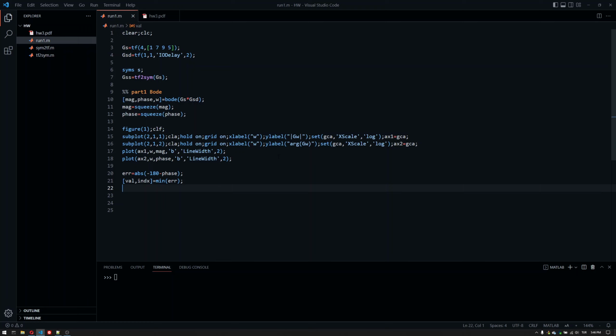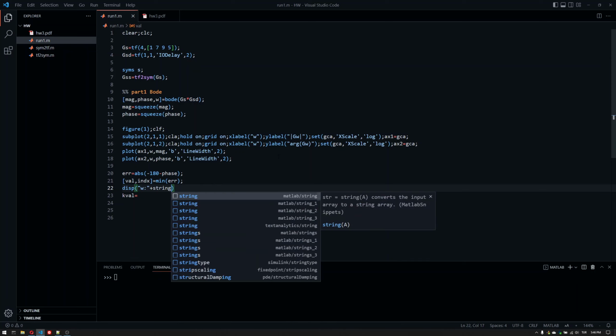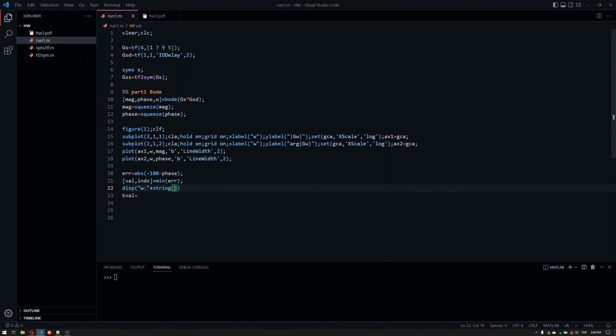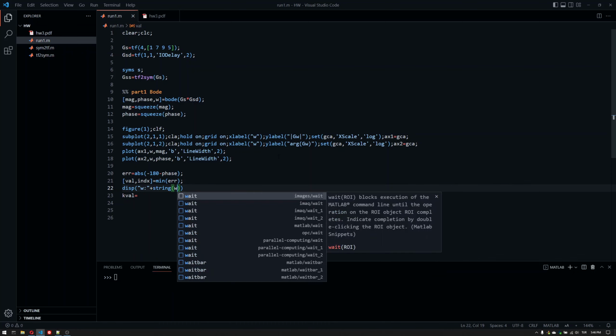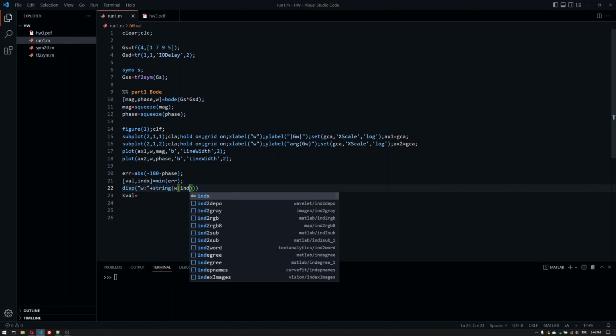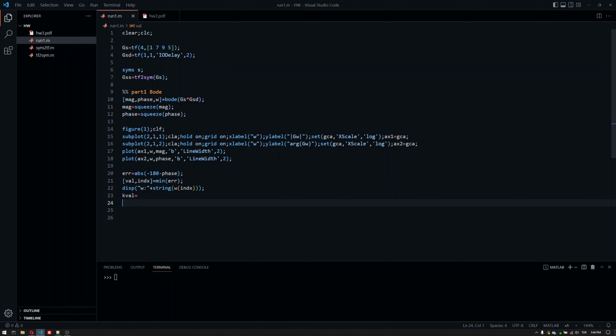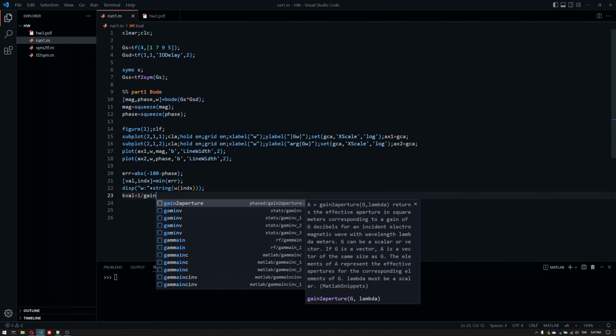Once I have done that, I'm going to look for the K value here, at which frequency this is basically happening. So I could display the frequency here. So omega is going to be string omega index, and then we would have kval, which would be 1 divided by gain index here.